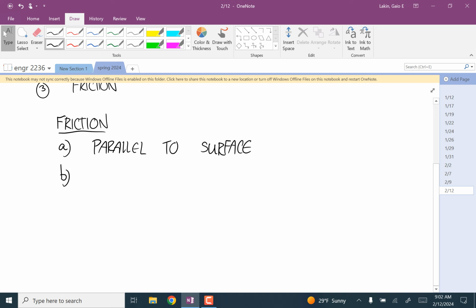Second, we're going to break it up into 2 separate types of friction: kinetic friction. This is if there's already sliding happening between the 2 bodies, or already sliding of the body you're looking at relative to what it's resting on, in contact with.